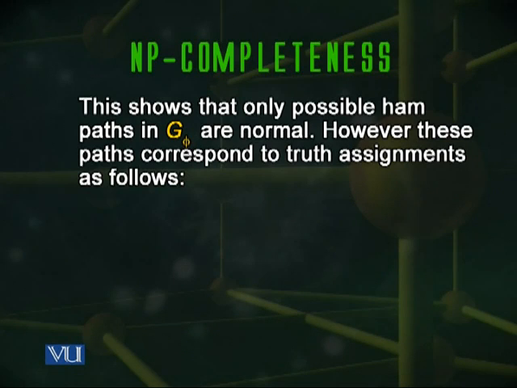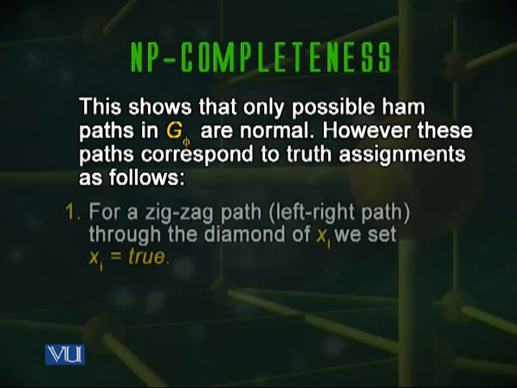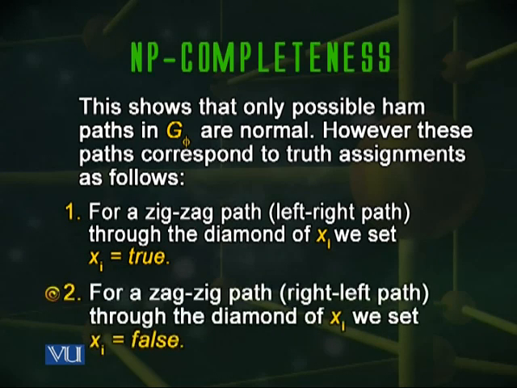And this shows that these paths correspond to truth assignments as follows. For a zigzag path through a diamond xi, we set xi to be true, and for the opposite zigzag path through a diamond xi, we set xi to be false.